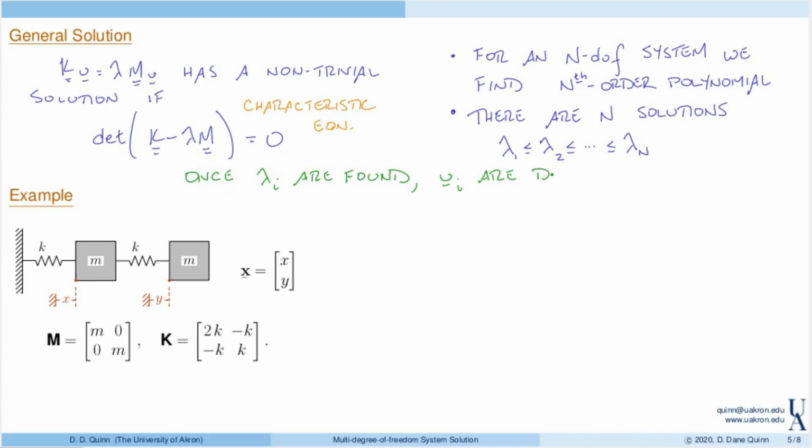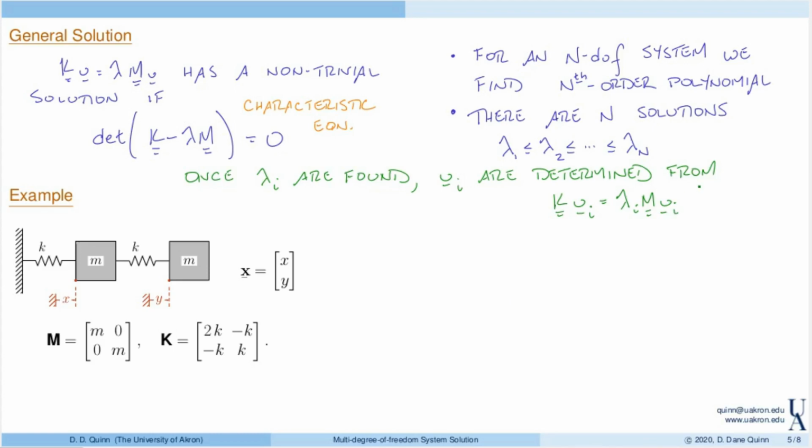So these are determined directly from the original problem, right, which was K times u, in this case u sub i, is lambda i M u i.